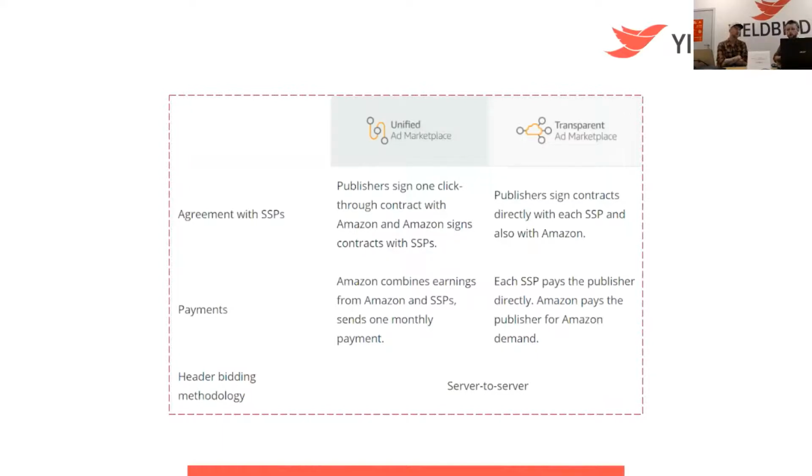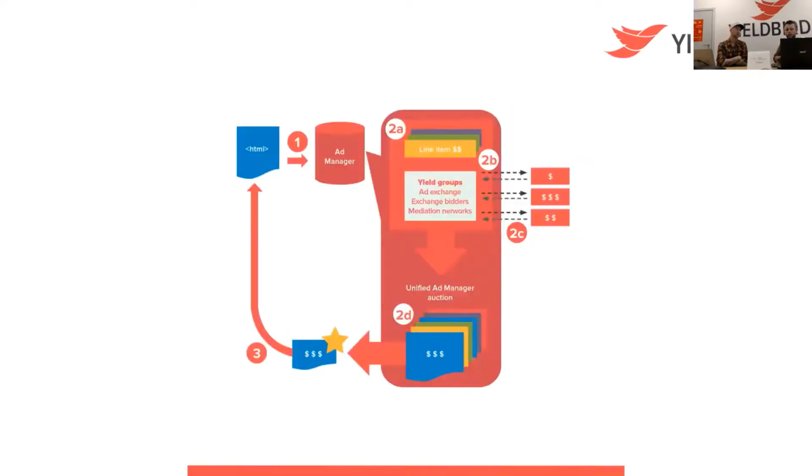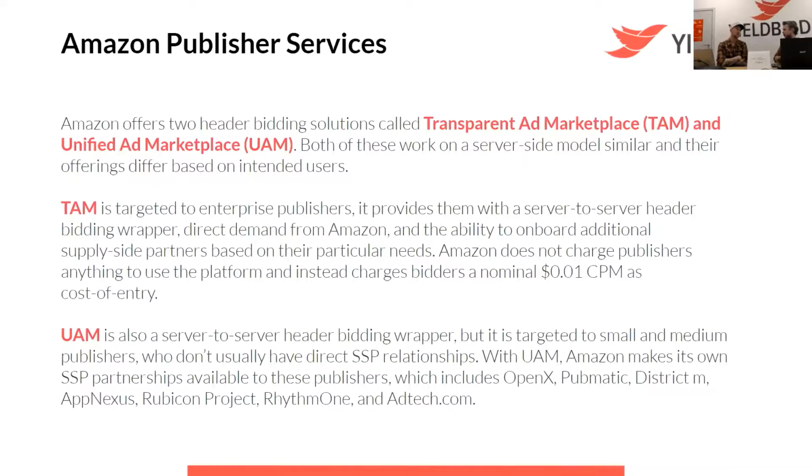And if you could mention the one biggest difference between open bidding and Amazon solutions for you as a tech person, which one would you choose if you could choose one? If I could choose open bidding or Amazon, I would definitely choose Amazon, because there's plenty of other demand, and you don't have to have GAM 360, so you're not paying an additional fee.